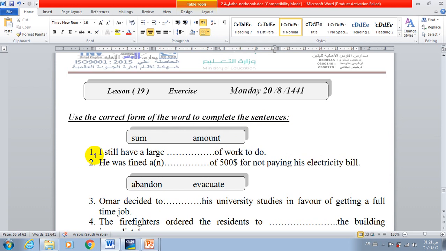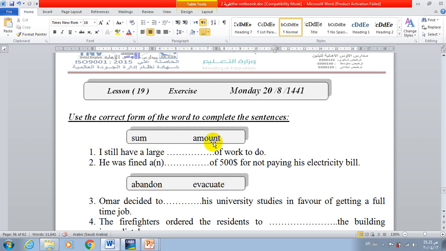Okay, number 1. I still have a large spaces of work to do. And number 2, he was fined an spaces of $500 for not paying his electricity bill. And I told you before, the word sum means an amount of money.